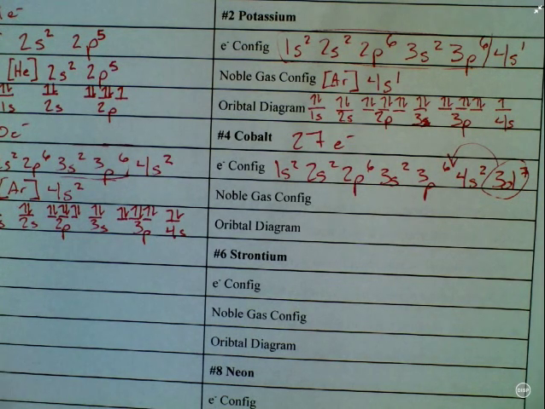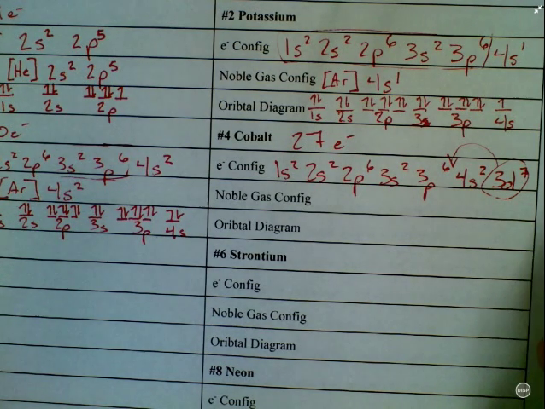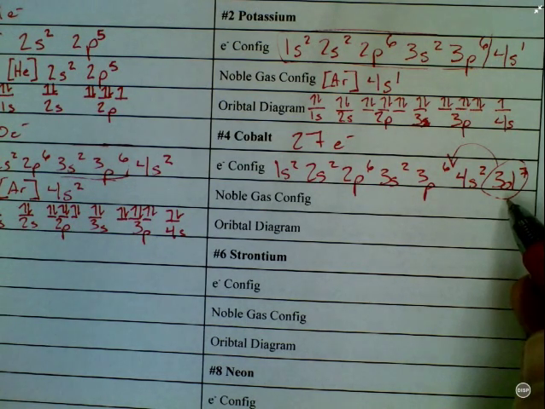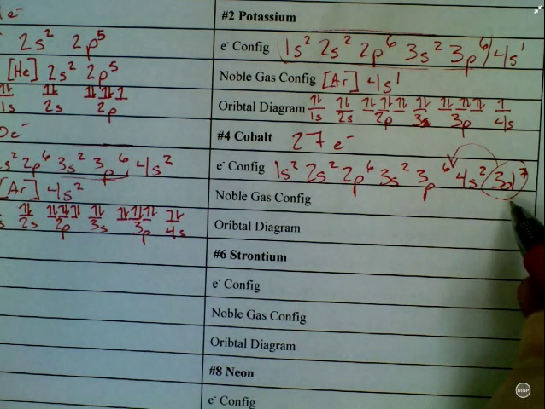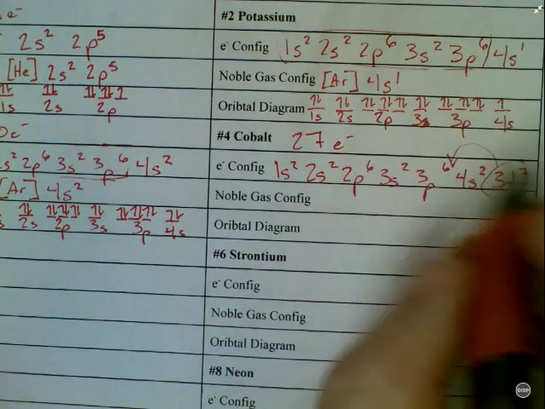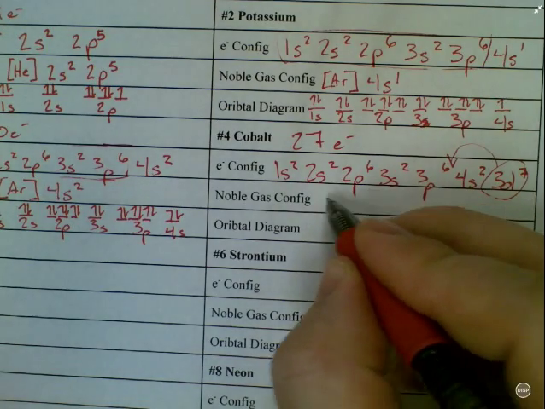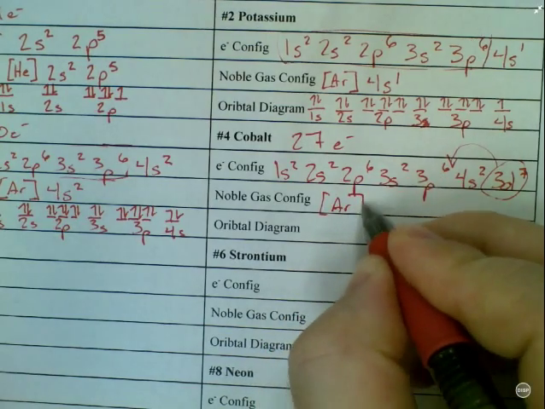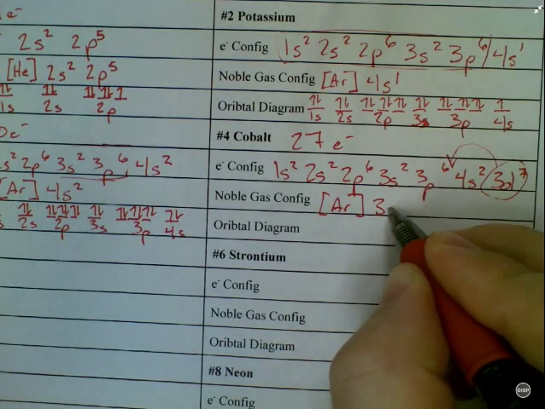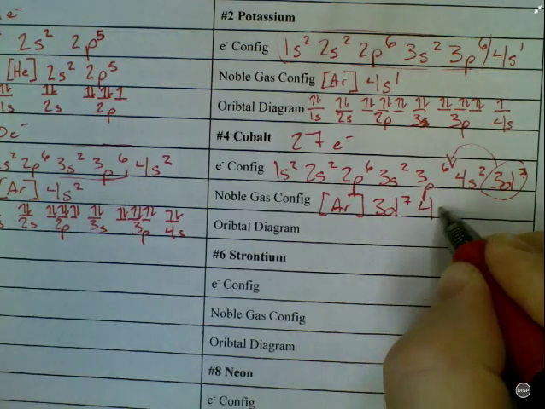Tiffany? So for the noble gas configuration, we put in the brackets the element, and then we put 3d7 or the 4s2? That's a good question. Start with the smaller number first. That's actually how they want you to record this. They want you to go argon 3d7 4s2.